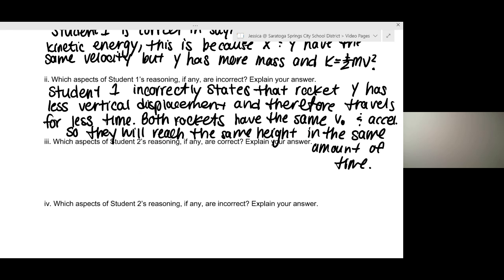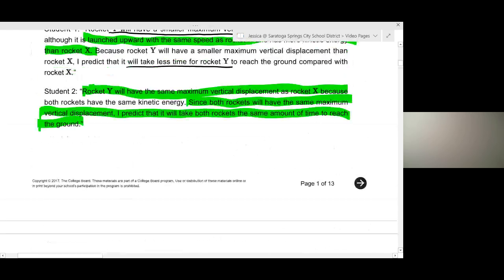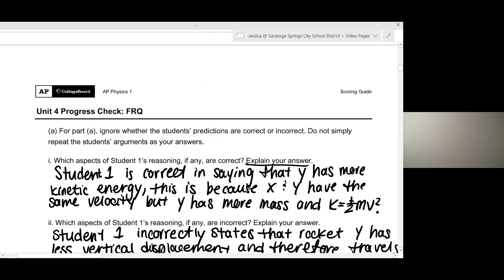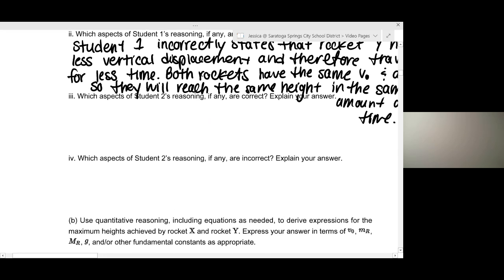So student 2 is correct in saying that Y has the same max vertical distance and therefore the same max time. Now there are actually 2 ways we could go about explaining why student 2 is correct. We could use the conservation of energy idea.